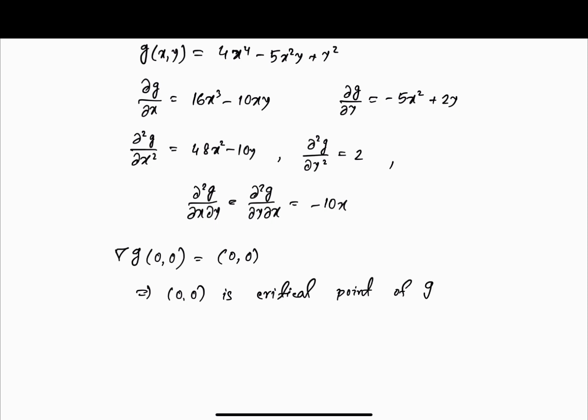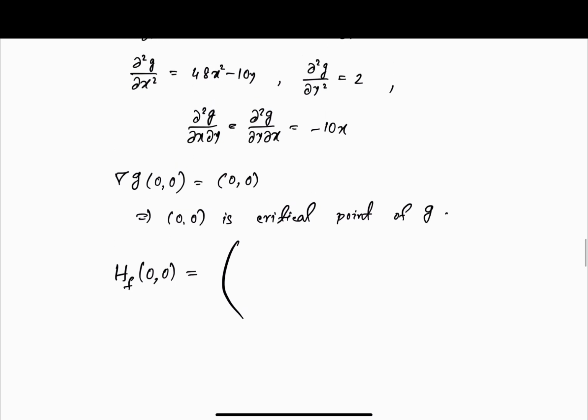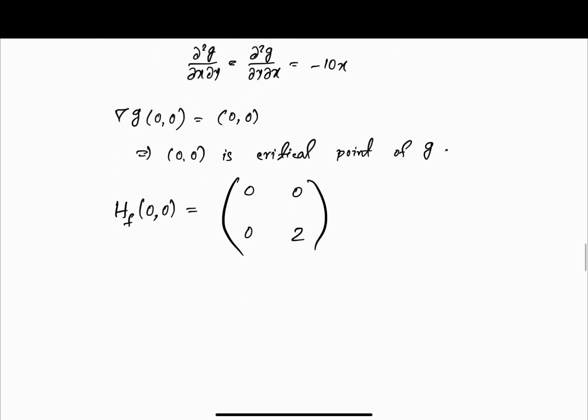Of G. Now we have to check whether it is non-degenerate or degenerate. So let's find the Hessian matrix at (0,0). It will be ∂²g/∂x² at (0,0), which is 0, and minus 10x which is 0 at (0,0), and 2. This is the Hessian matrix at (0,0).